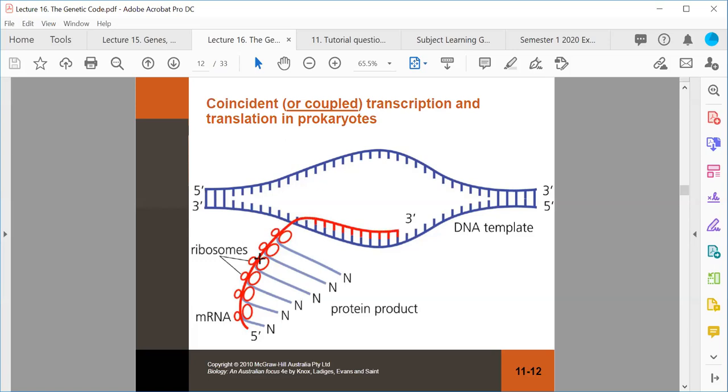Here is the RNA transcript that's being synthesized. And before transcription is even completed, ribosomes are already binding to the messenger RNA molecule, and they are already synthesizing polypeptides. Okay, so both transcription and translation are occurring together in prokaryotes.